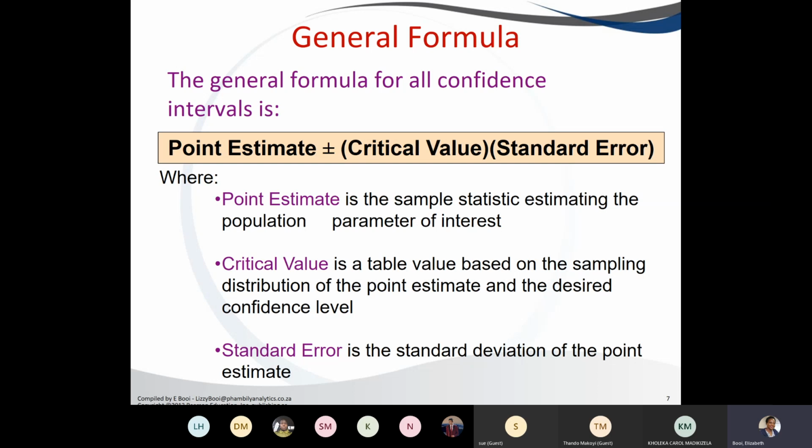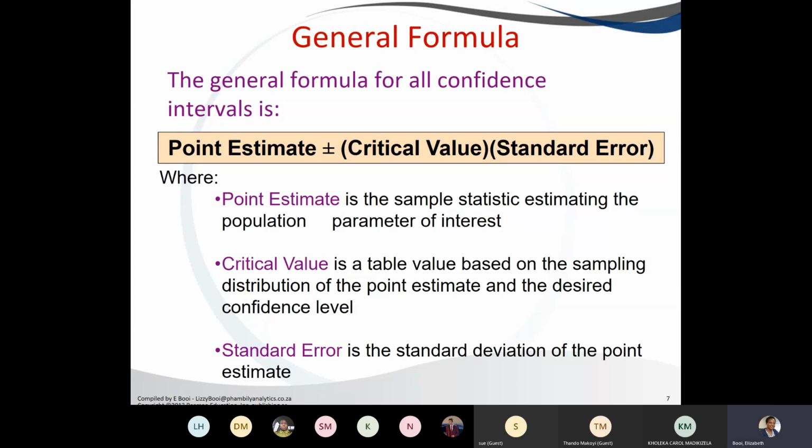Where the population standard deviation is given, it will be your population standard deviation divided by the square root of n. And for the proportion, you will see that we use the sample proportion values: the square root of your sample proportion times 1 minus the sample proportion, divided by n.